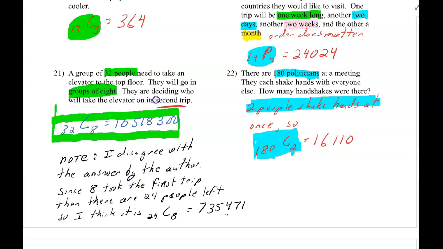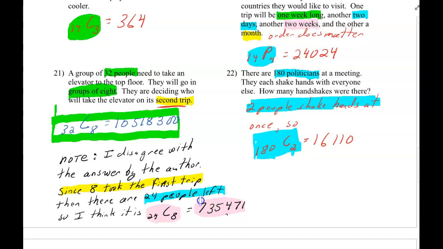Because it says the second trip, the way I interpreted this problem, and I think the answer key is wrong, since 8 took the elevator on the first trip, there are only 24 people left. So personally, I would have done 24 choose 8 to get this answer that I highlighted in pink. So I disagree with the answer key.